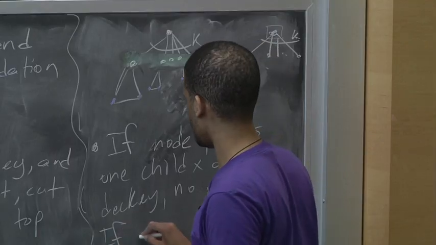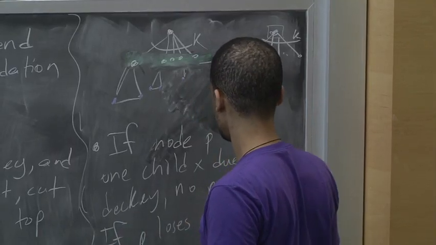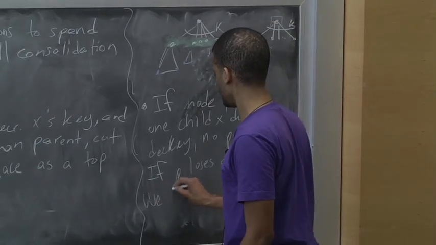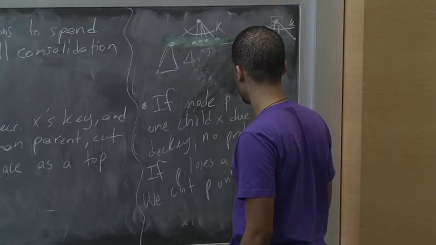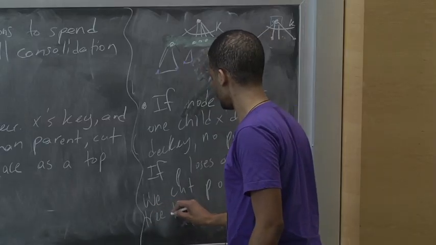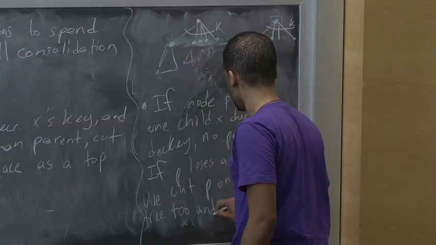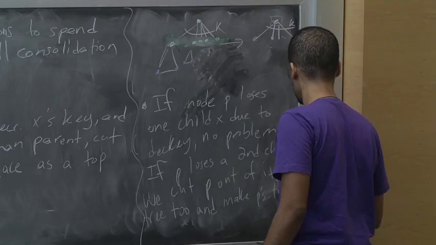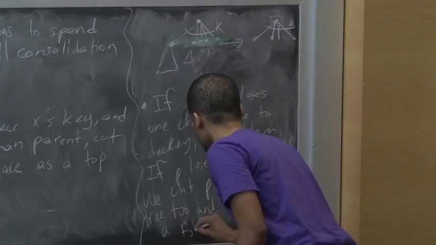But if P loses a second child, we cut P out of the tree too. And we make P's tree a top-level tree.